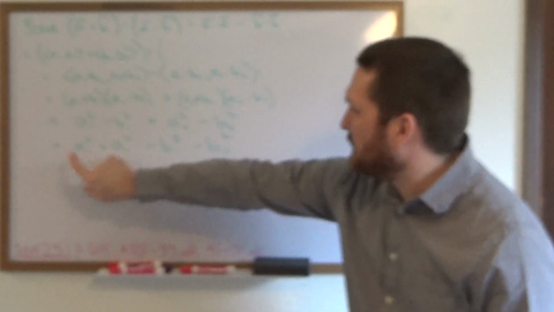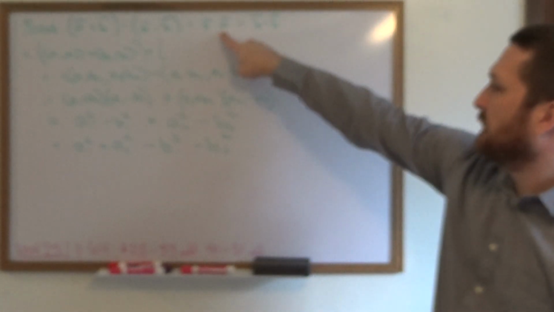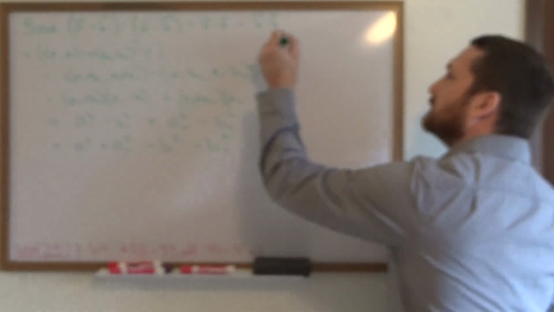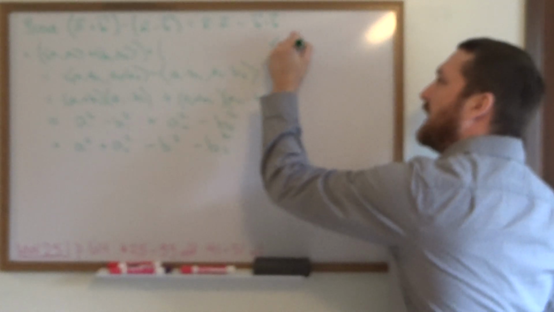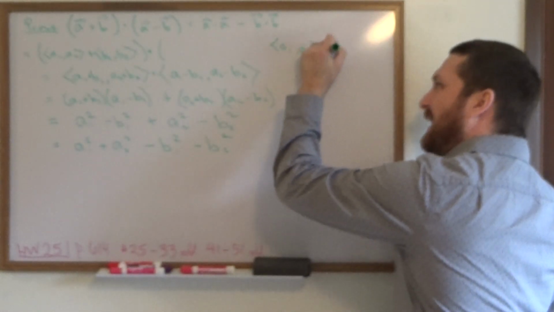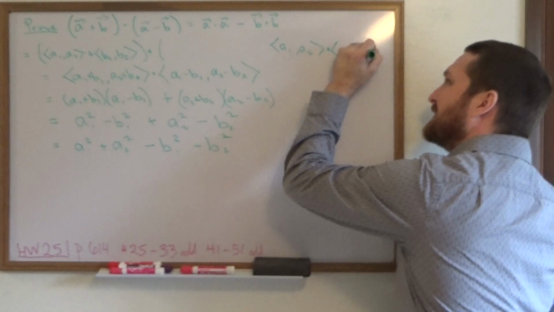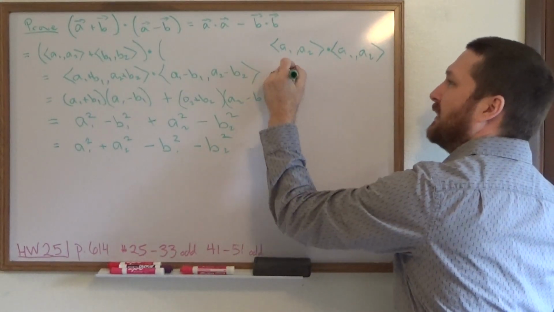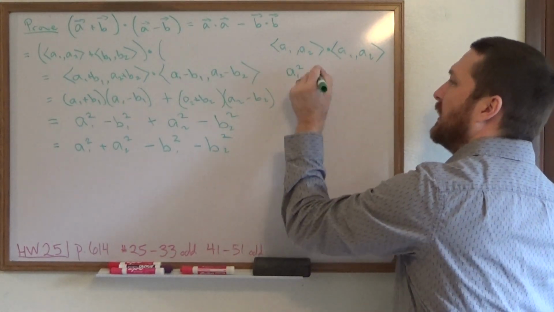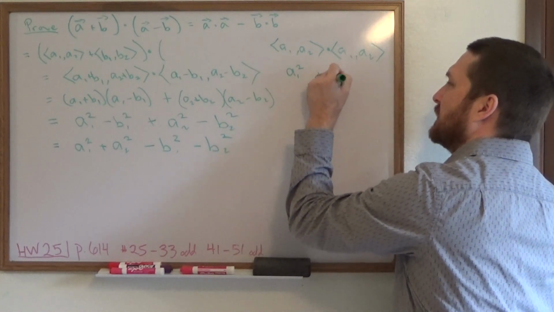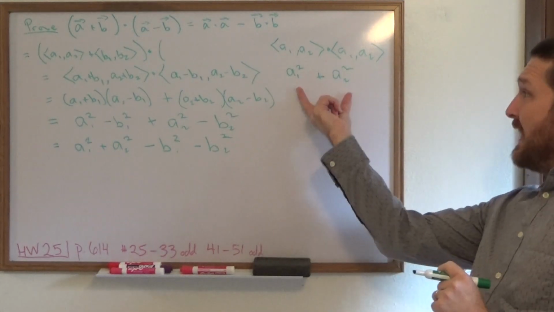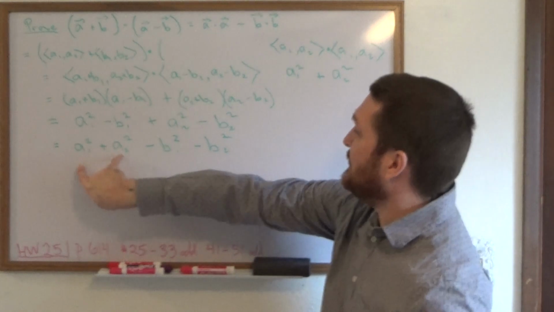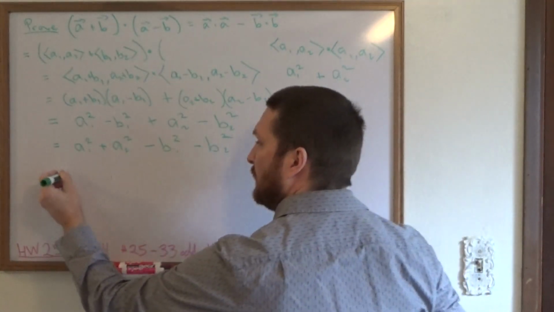Is that the same thing as that? Yeah, because A dot A is A1 times A1, A1 squared, plus A2 times A2, or A2 squared. So yeah, that right there is the same thing as A dot A.